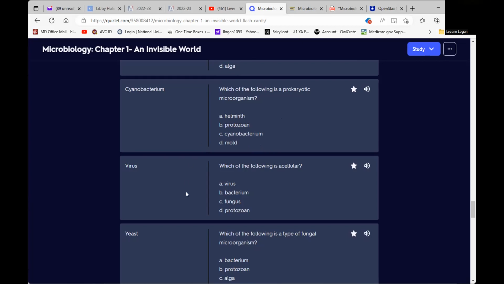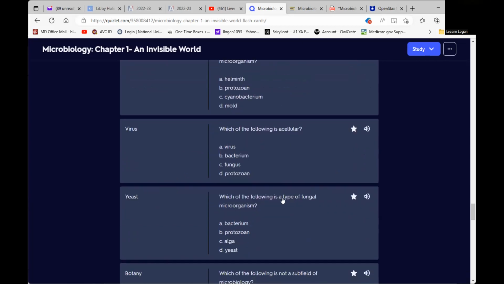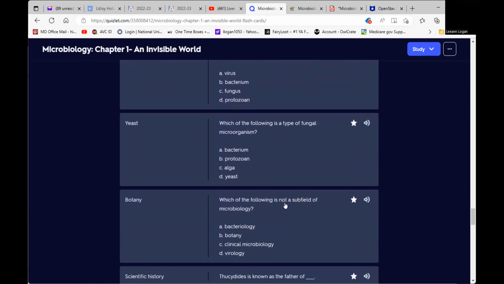It's a bacterium. Which of the following is acellular? It's a virus. Which of the following is a type of fungal organism? Yeast. Which of the following is not a subfield of microbiology? That would be botany.